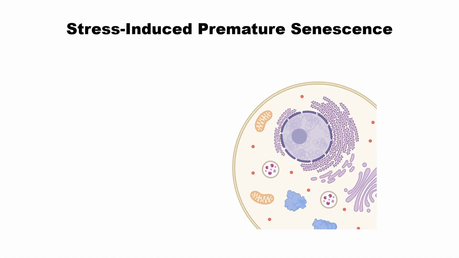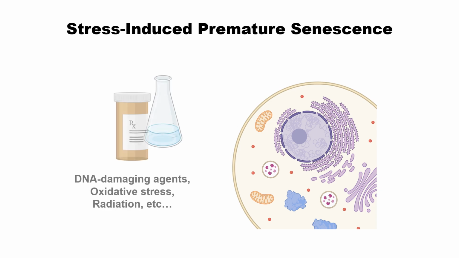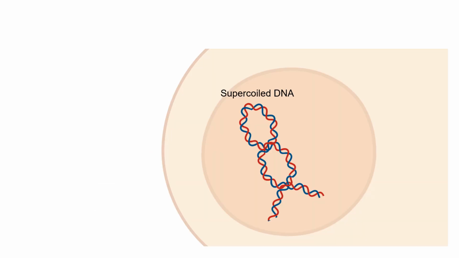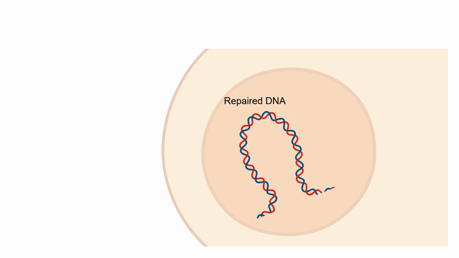Stress also can induce premature senescence. Those stress include DNA damaging agent, or oxidative stress, or radiations. During the cell division, the DNA should be released from supercoiled state. Here the topoisomerase can release those stress. Also, if there are any errors in the DNA, it can fix it.